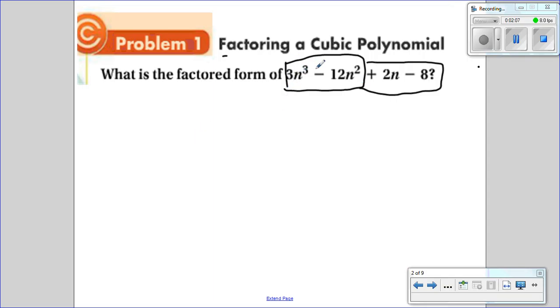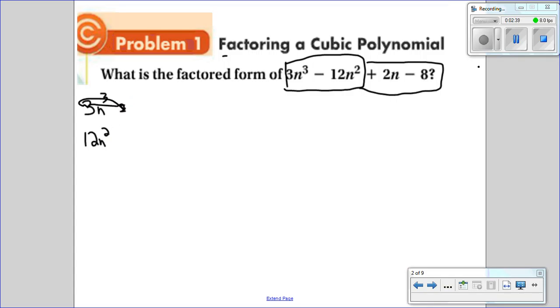So for 3n cubed minus 12n squared, we're going to find what goes into all those. I'm going to do this the long way the first time, but from now on, we're going to try to just pick the GCF out. If you can't pick it out just by eyeballing it, feel free to do this. So we write each term separately, 3n cubed and 12n squared.